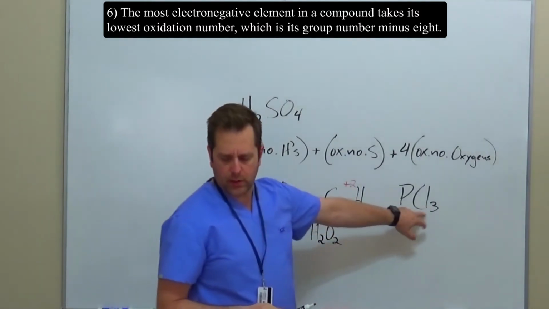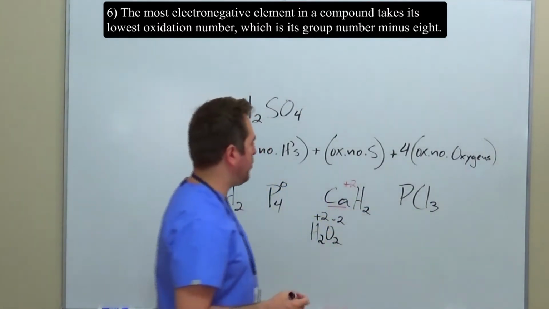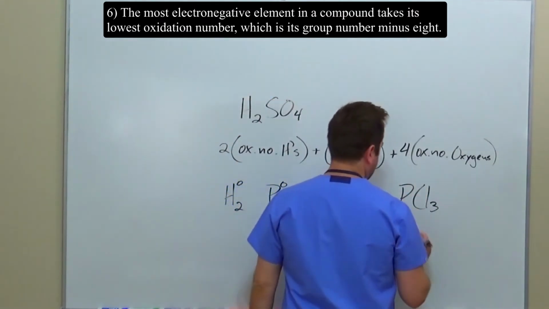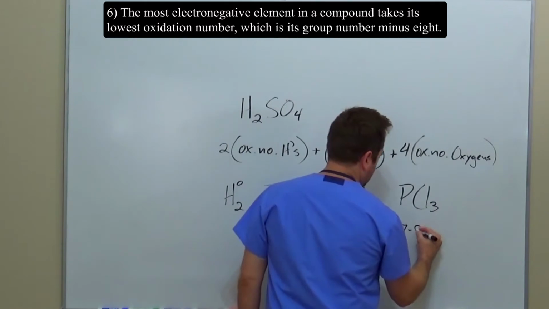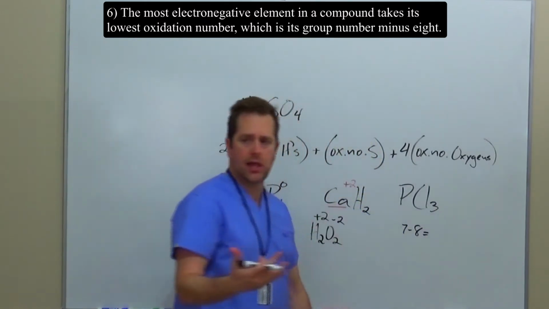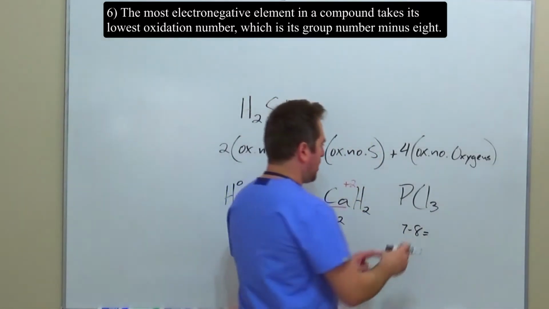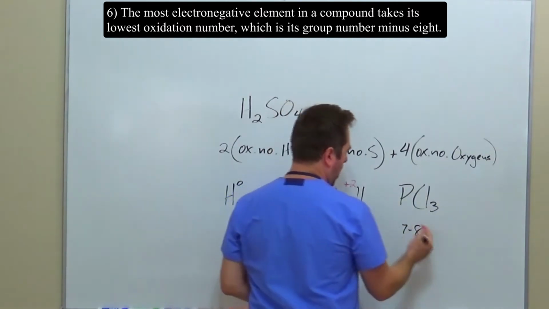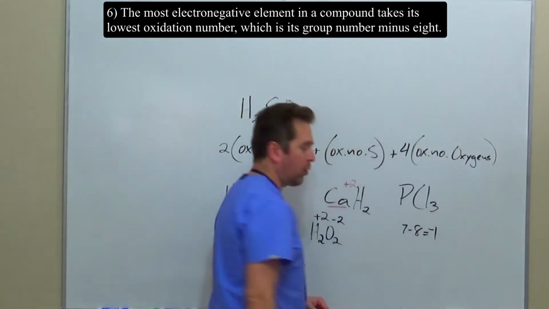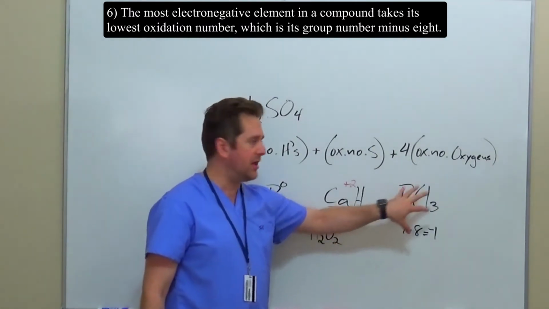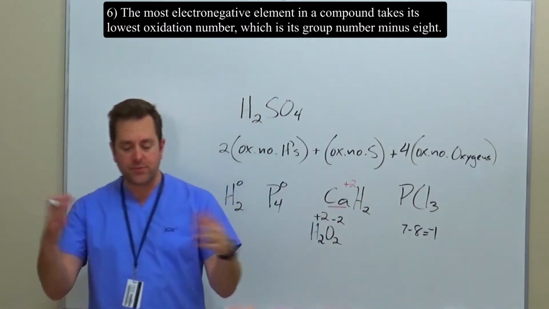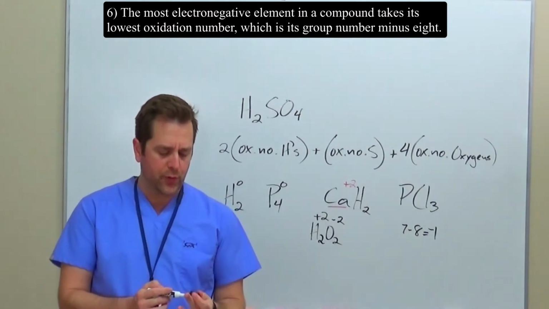Well, it's obviously the chlorine, right? So the way that we would calculate the individual chlorines is the group number, which is, as you can see, group 7, minus 8. So that lets us calculate the actual oxidation number of this constituent in this molecule. So each chlorine would be worth -1, and that means that this phosphorus has to have a charge of +3, so it's neutralized. Okay, so these are the guidelines that I wanted to review with you.